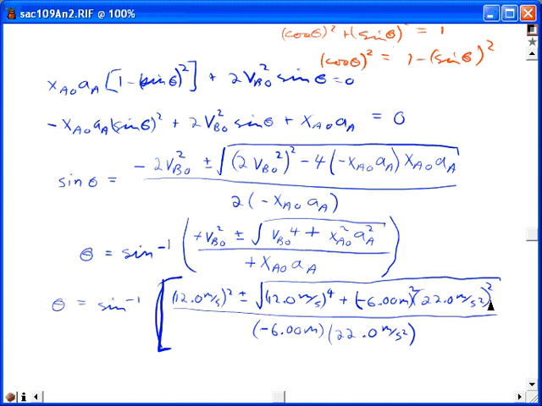So taking the arc sine of all that, let's see if it is indeed a unitless quantity. So I have meters squared per second squared up there. This would be meters to the fourth per second to the fourth. Meters squared here times, that'll be meters squared, so meters to the fourth, and the second squared will be seconds to the fourth.